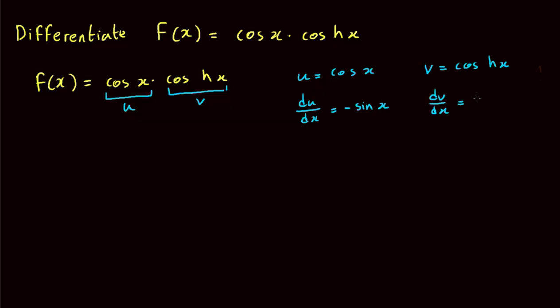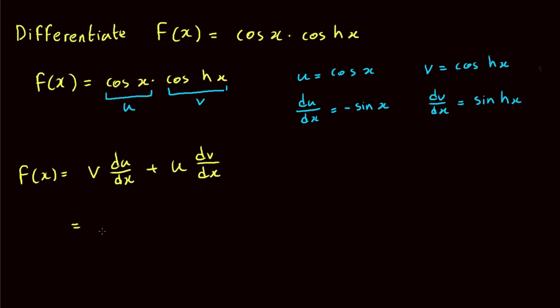So we'll just leave it as sine hyperbolic x. From the product rule, f'(x) is equal to v du over dx plus u dv over dx.